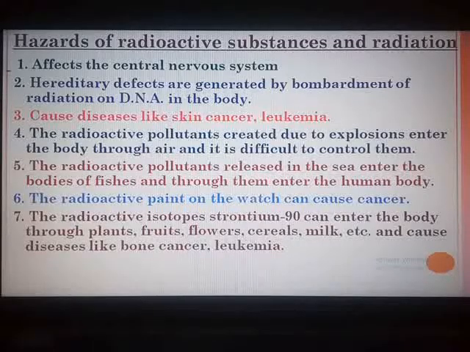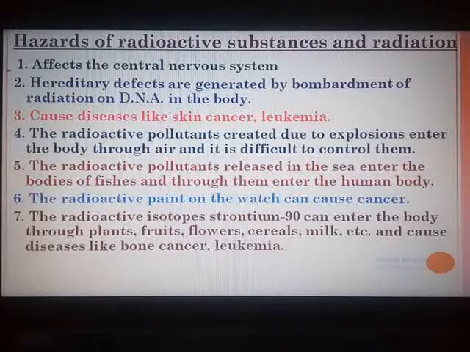Now why they have kept the disadvantages and why the uses are skipped depends totally on the education department. But once you come to know about the disadvantages, then you will also know how to control its use. Which radioactive substances to use more and which to ignore, that you have to select.